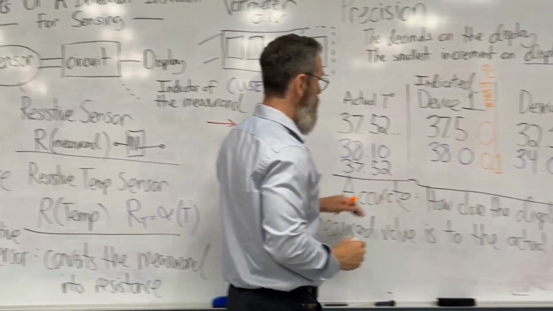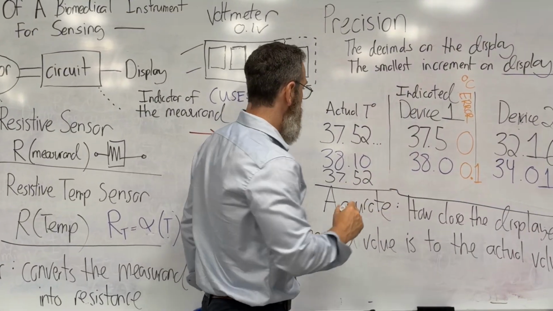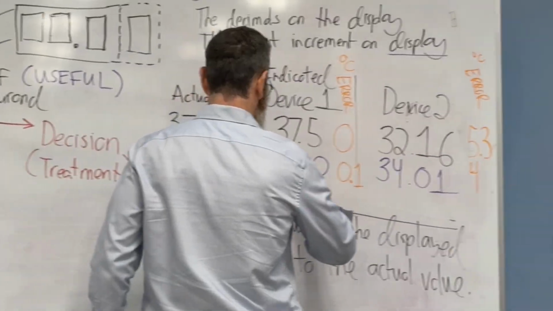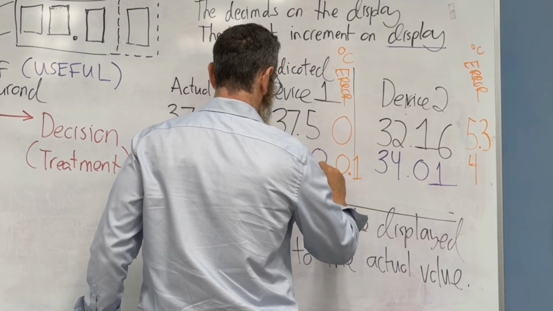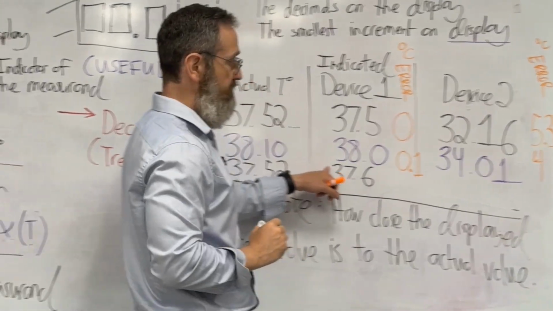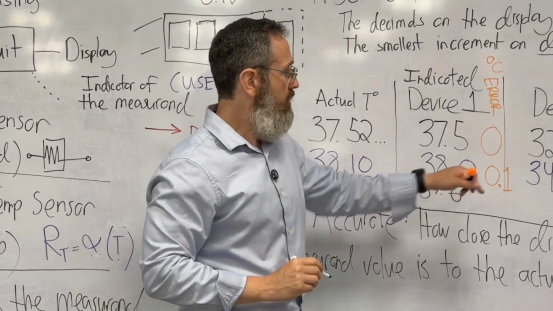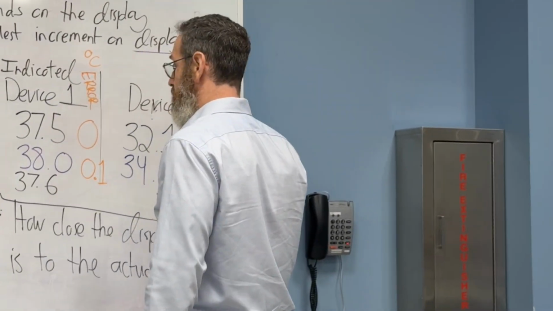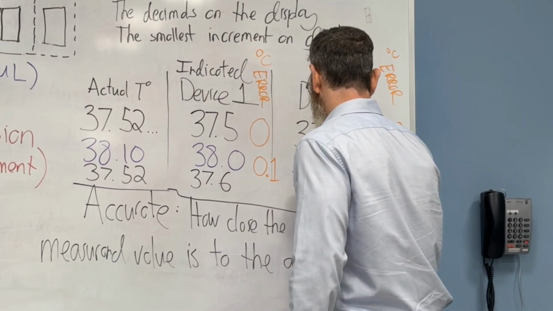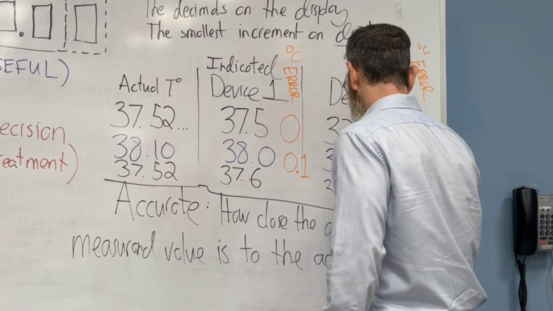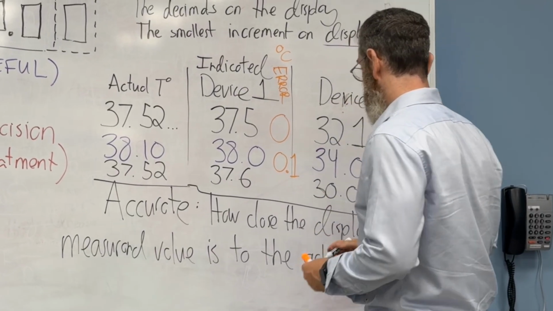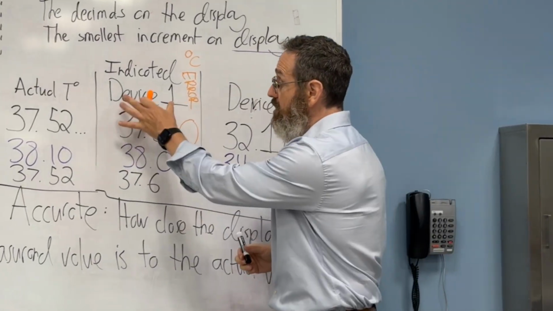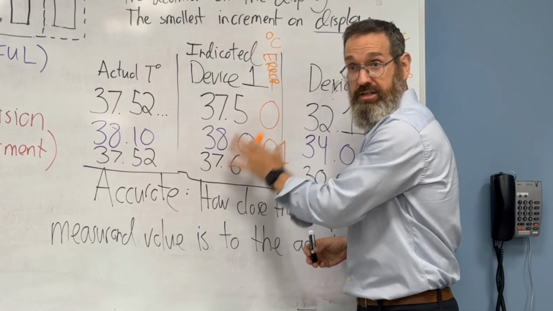All right. We go back to this device, and now we measure 37.6, and on this instrument, we get 30.00. Now this is what we're measuring on the instrument.